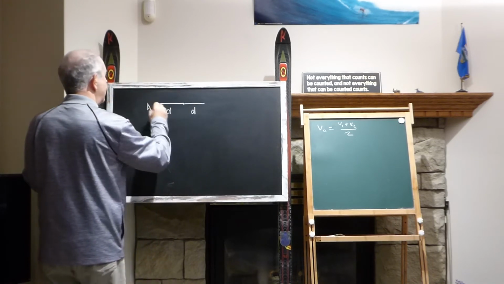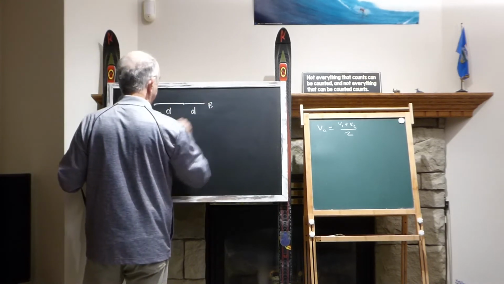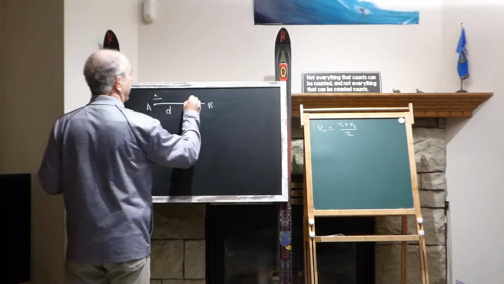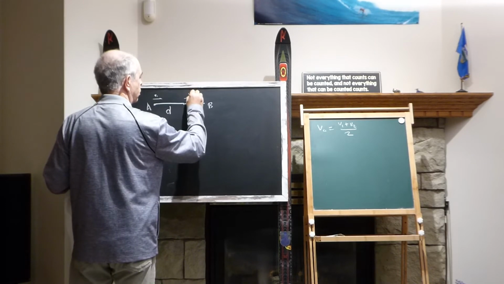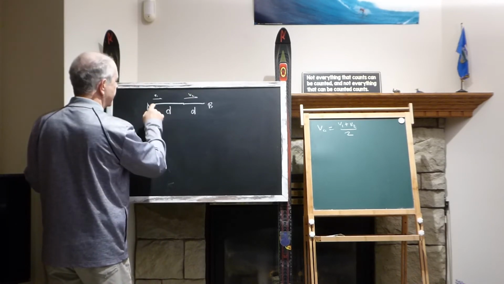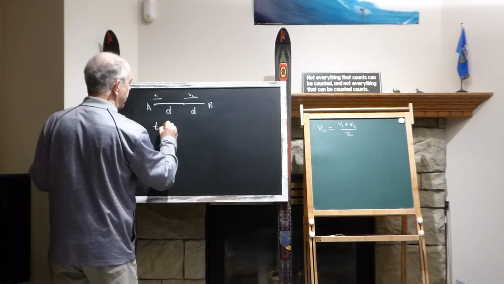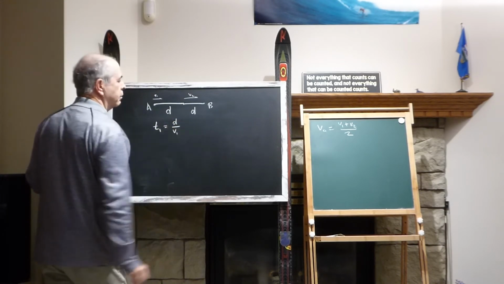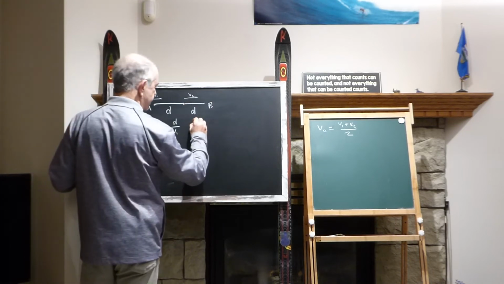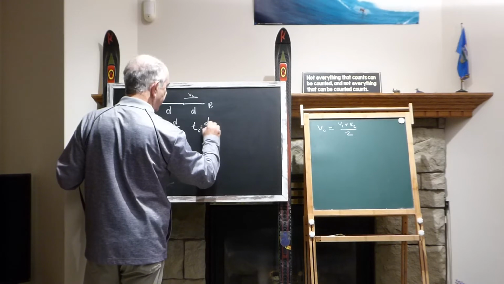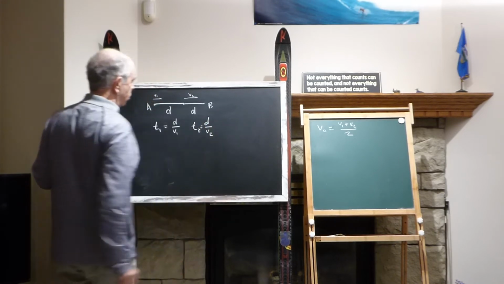And this is A, and this is B. And it goes v1, and this goes v2. All we can say is that the time from here to here is equal to d divided over v1. Likewise, t2 is equal to d divided over v2.